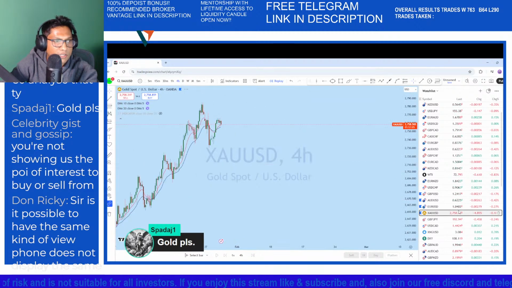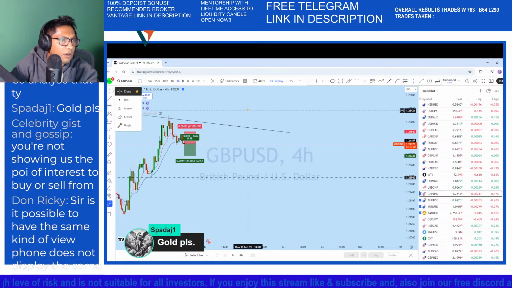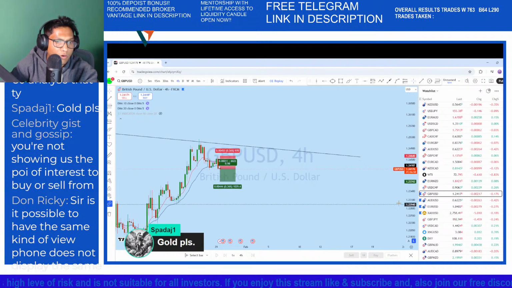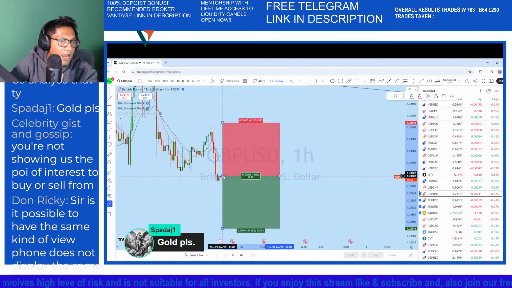So looking at XAUUSD as well, so you can see it's sideways. GBPUSD, there is a potential for a downtrend here on GBPUSD.